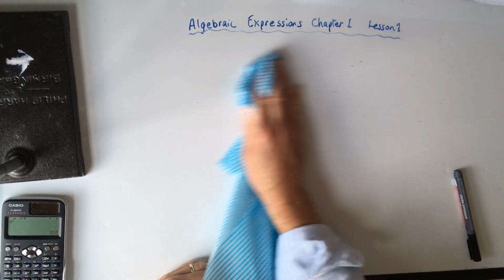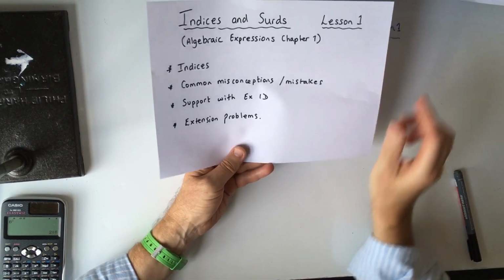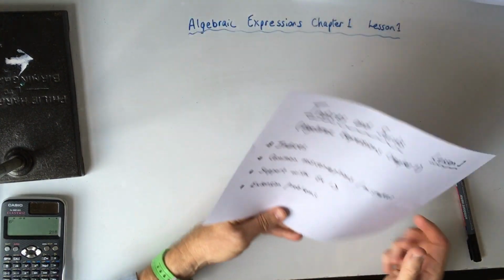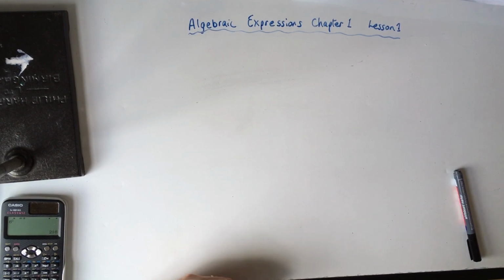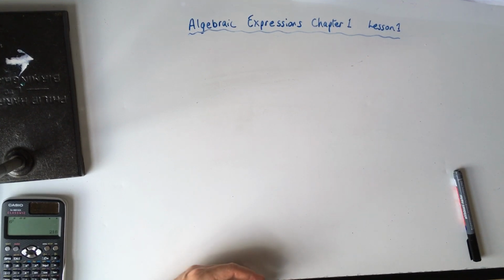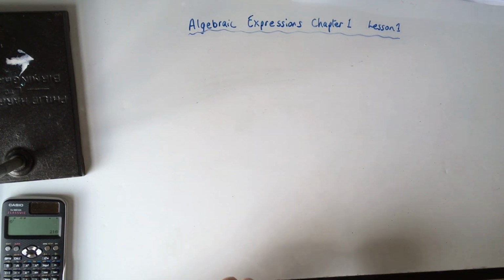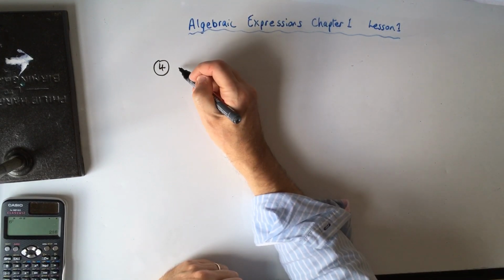Now then, what I'll do is, I did have an order there, I'm going to do support with exercise 1D. Exercise 1D, you can go through those yourself. But I noticed that the last two, the book is saying are exam questions, so I'll do question 4 and 5. Very quick to write down. Have a go at them first.